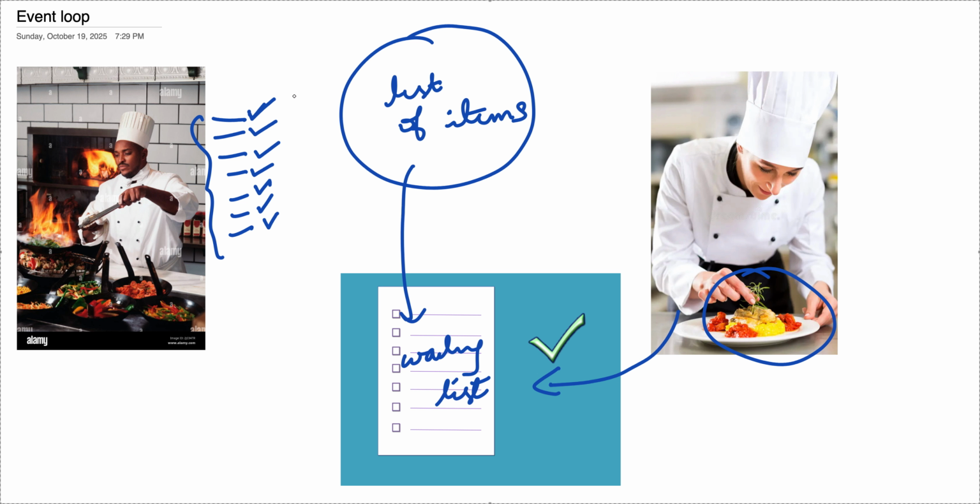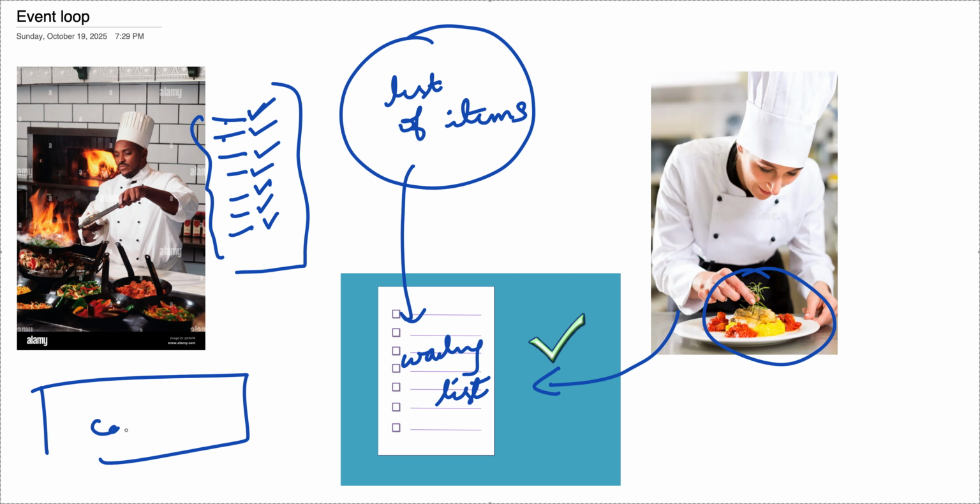Just like the chef, JavaScript also executes code line by line. It is a single threaded language. So every line of our code, so here we see a stack of things, right? So every line of our code will be in a call stack, and it gets executed one after the other.